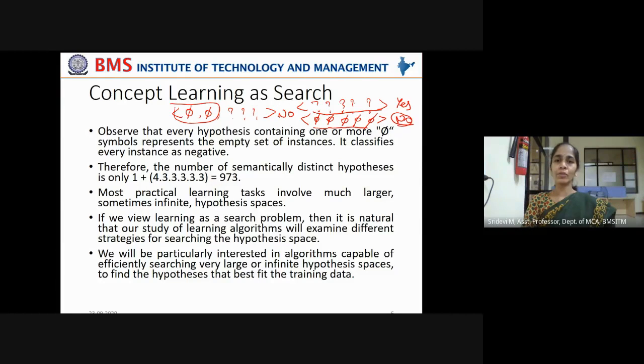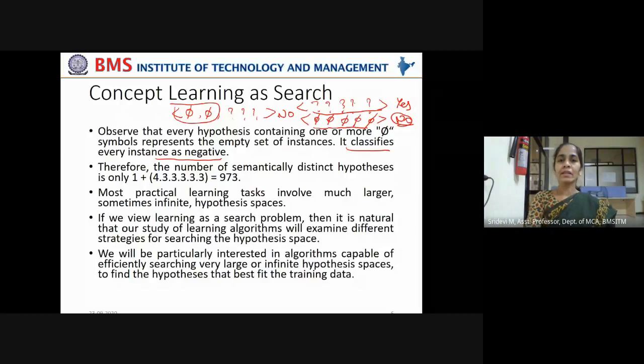He will not enjoy the water sport. In that case, it classifies every instance as negative because the machine has not come across such examples. He is not comfortable with any climatic condition, means he is not comfortable as a whole about playing a water sport on that particular day. So it classifies every instance as negative.